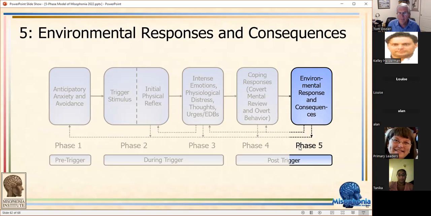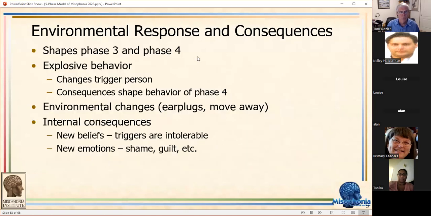And then the last one is environmental response. We know that consequences shape behavior. So this really feeds back to the coping responses, to the emotion-driven behavior, and it feeds back to the anticipatory anxiety. So as a result, you might have explosive behavior, and parents often try to respond.